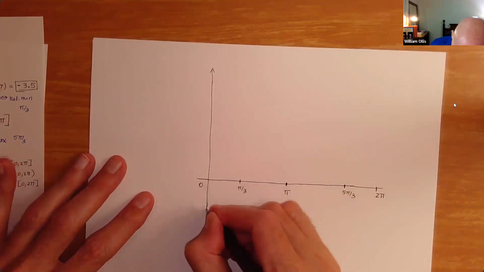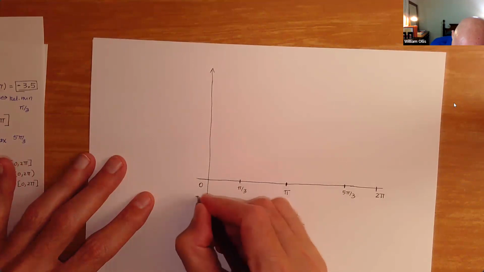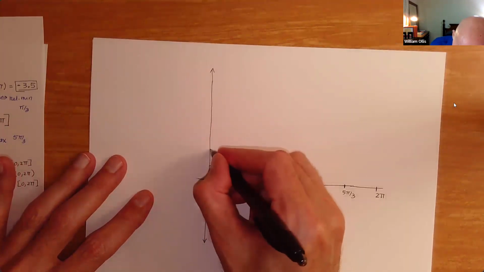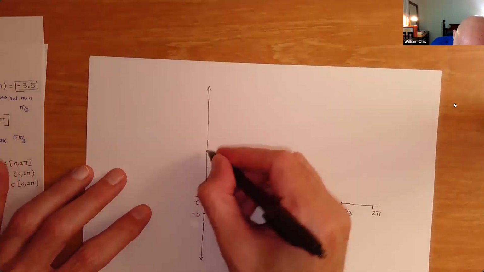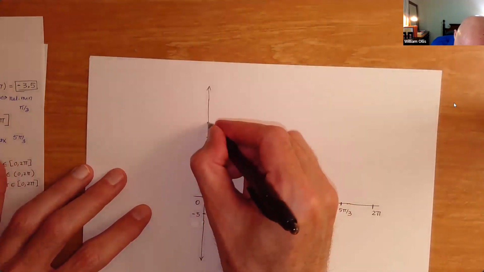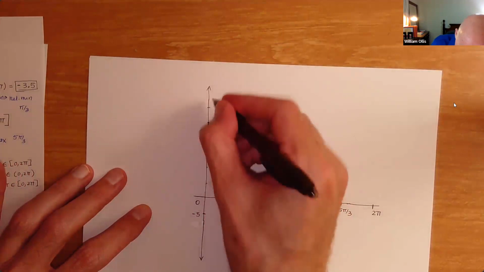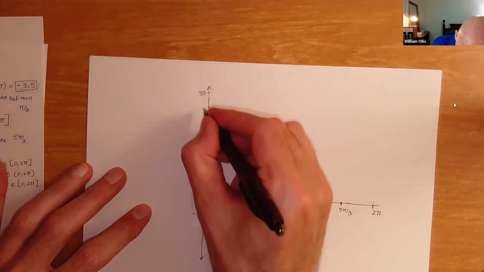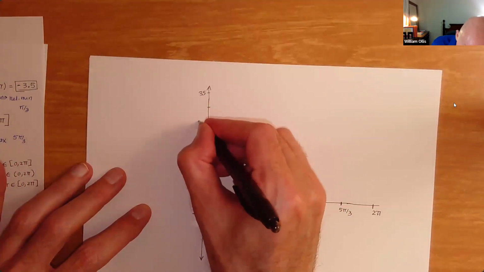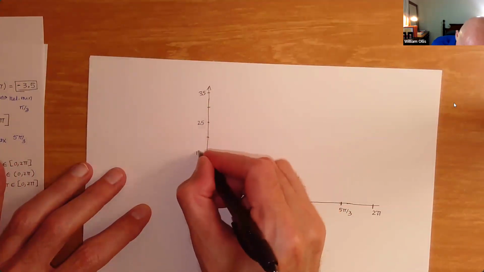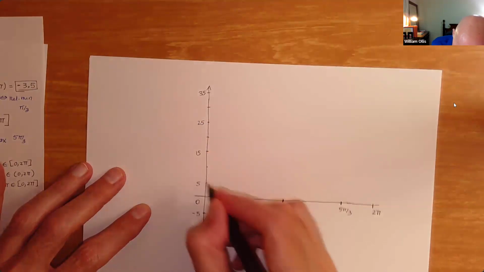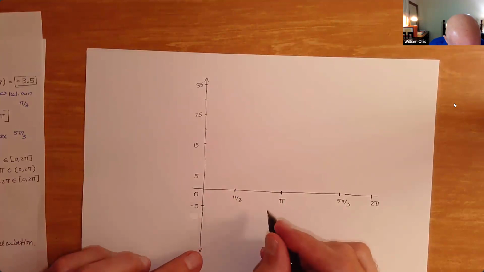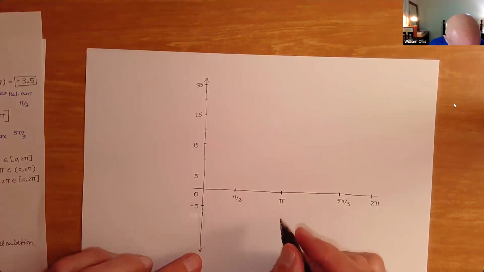So we'll do 5, 10, 15, 20, 25, 30, and then 35. So we'll mark it off that way to get a little space. So 25, 15, 5. And so we've got our negative 3.5 at pi over 3.